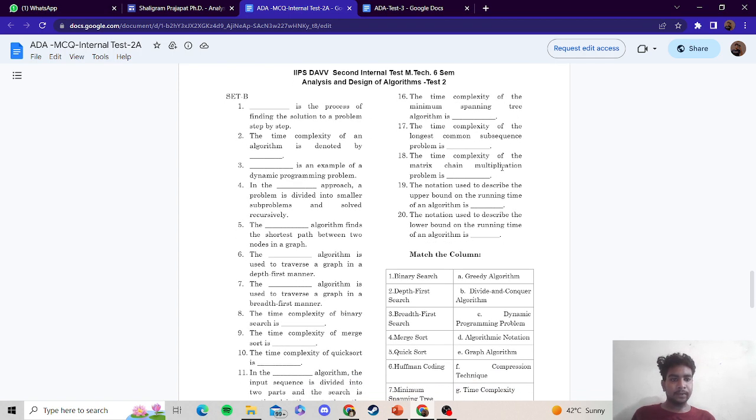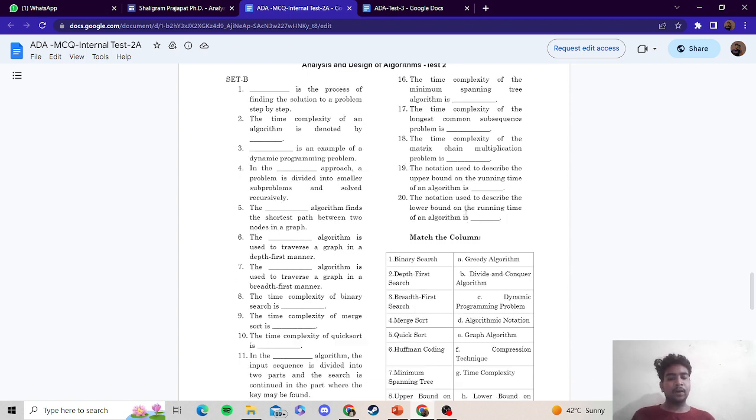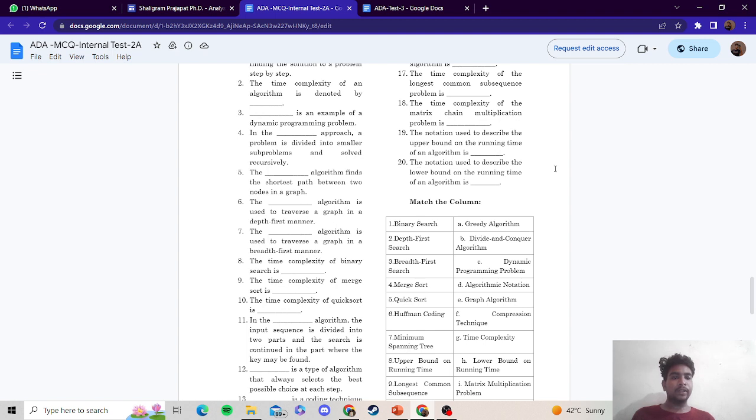Question number 18, the time complexity of matrix chain multiplication problem is order of n to the power 3. The notation used to describe the upper bound on the running time of an algorithm is big O notation. Question number 20. The notation used to describe the lower bound on the running time of an algorithm is omega notation.